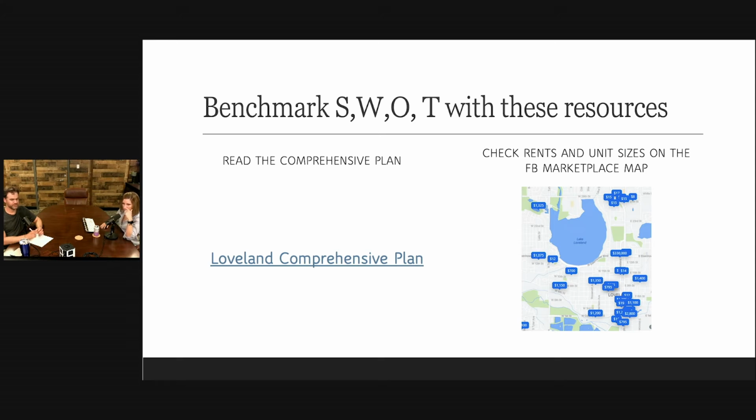And what is a comprehensive plan? We're going to look at that a little bit further in some future slides. But that's basically the city's or the county's ultimate plan as to what they're going to do in and around all the different pockets of that particular location that they oversee. There are council members that sit on different councils in different districts that oversee and update this and then put resources behind it.